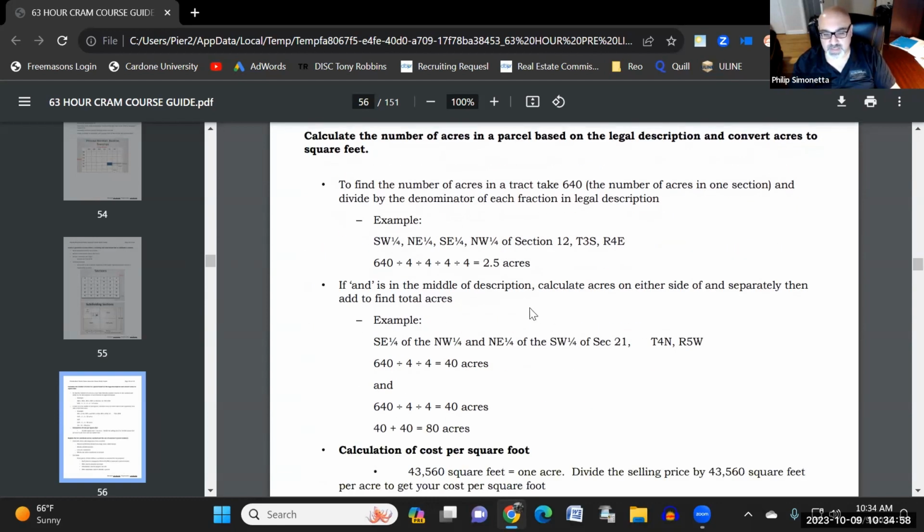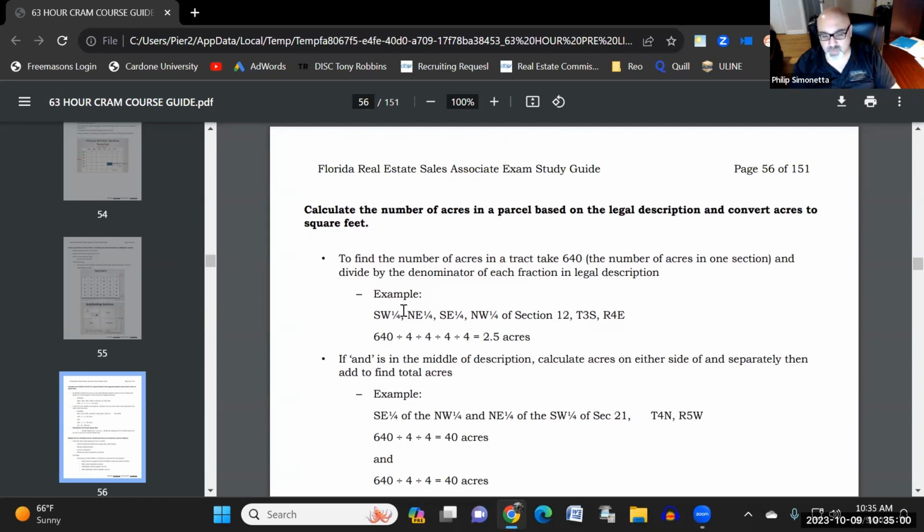If the question is the southwest quarter, northeast quarter, southeast quarter, and the northwest quarter of section 12, T3S R4E, none of this matters. What you need to know is it starts at 640 and you divide by 4, 4, 4, 4. So the correct answer is 2.5 acres.